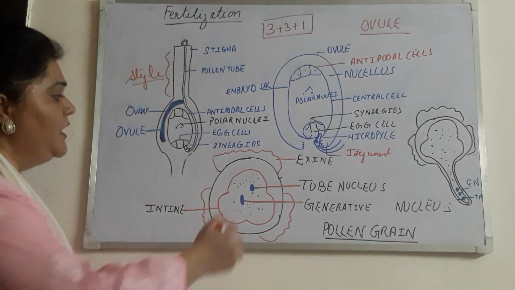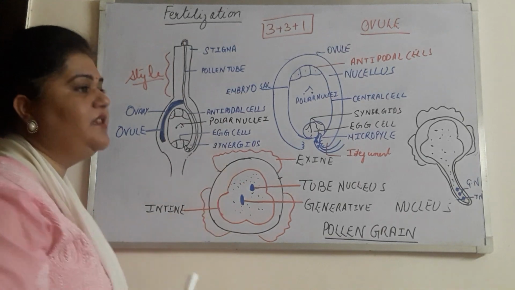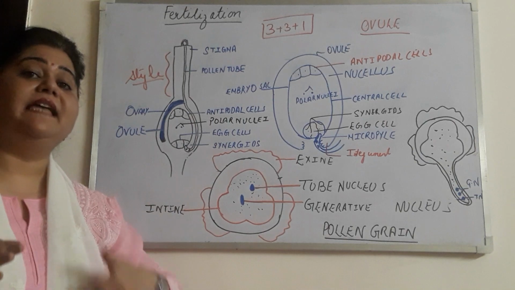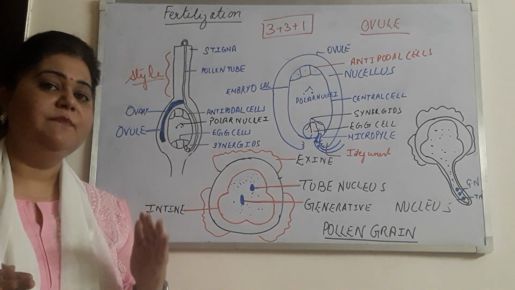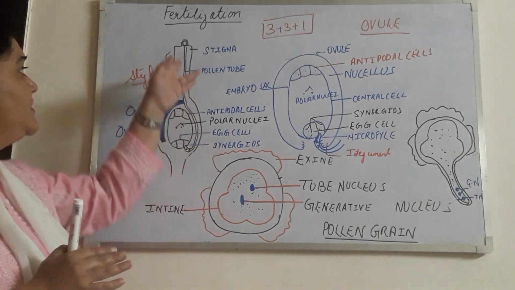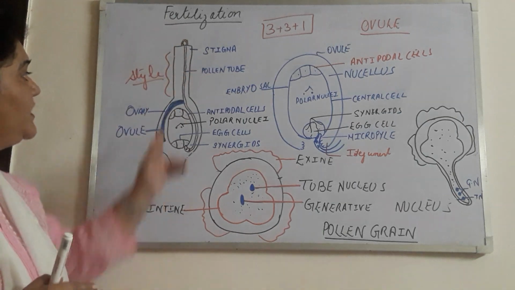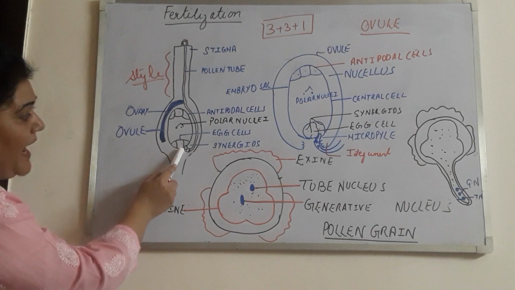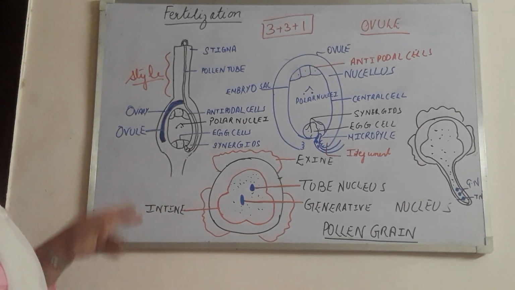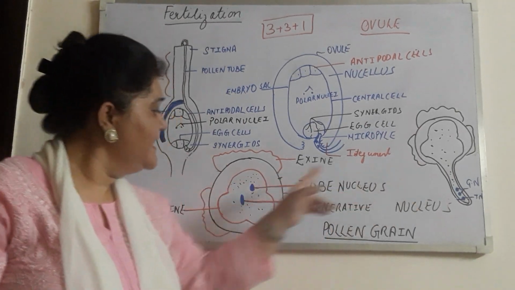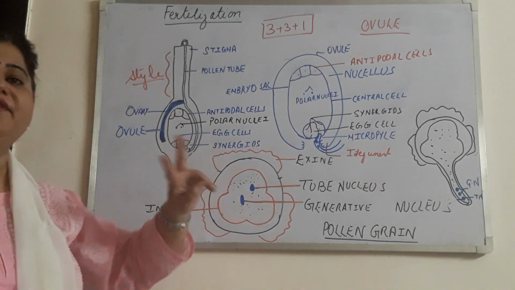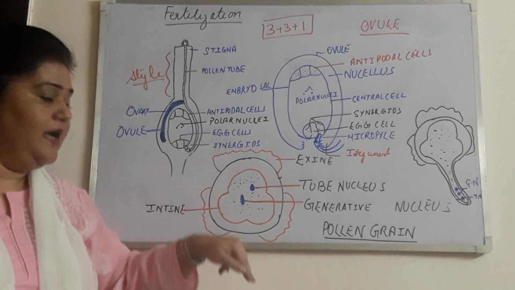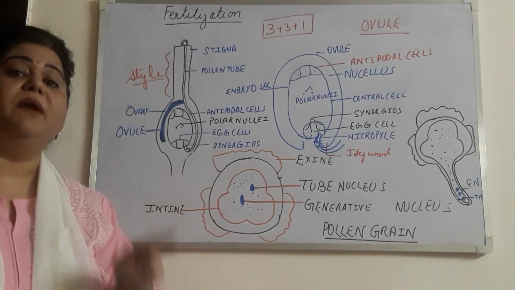As I have told you, this tube nucleus will help in the formation of the pollen tube, and also it will release enzymes. Those enzymes will help in dissolving the tissues which are present in the style, so that this pollen tube can enter inside the micropyle. Alright, and this generative nucleus will get divided into two male nuclei. They are called male nuclei or sperm nuclei.